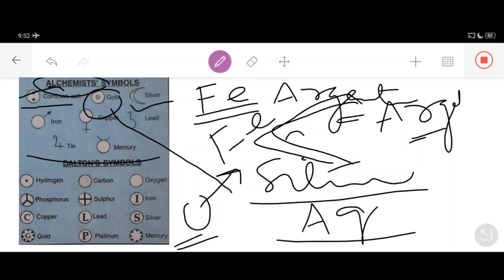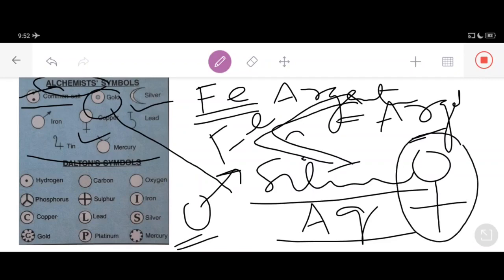And this is a symbol for copper. Look, the symbol of copper is like this. The moment you have to remember the name copper, you have to memorize the symbol like this. Jot it down with me.